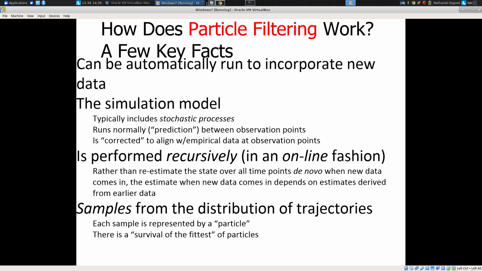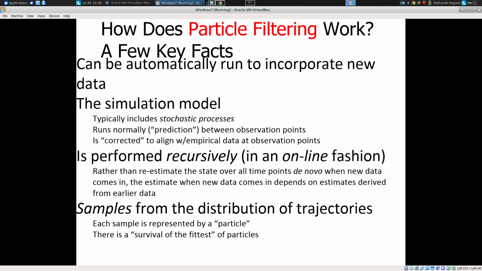And what this means, without getting into the technical jargon of it, is that when each new piece of data arrives, in principle, you don't have to reconsider rerunning the model for all the previous data. In principle, if possible, you just run it forward from the estimates from previous pieces to the next point. So when new data comes in, it doesn't require rerunning the whole thing to that point, but rather incorporating that and moving forward.